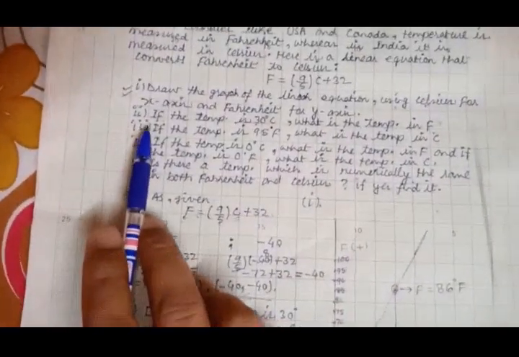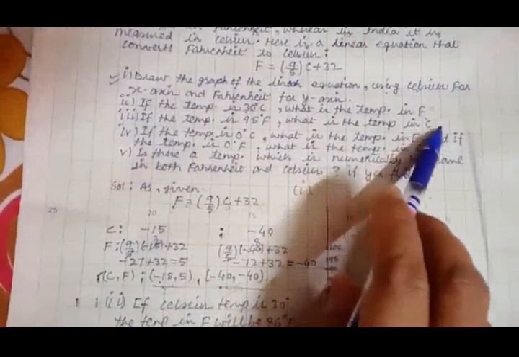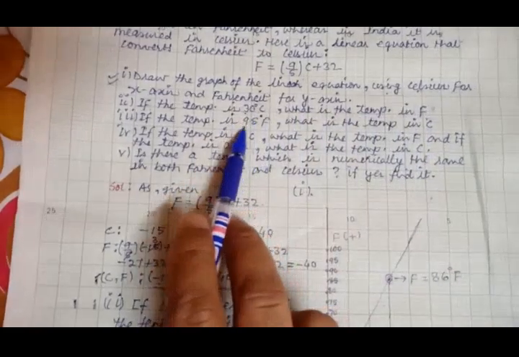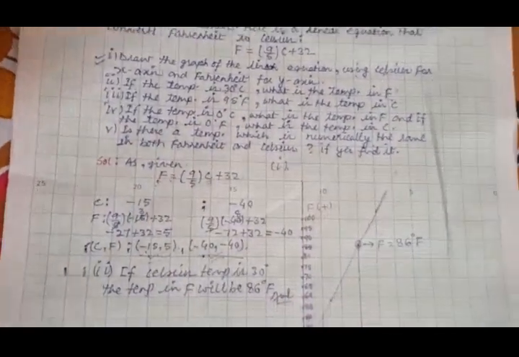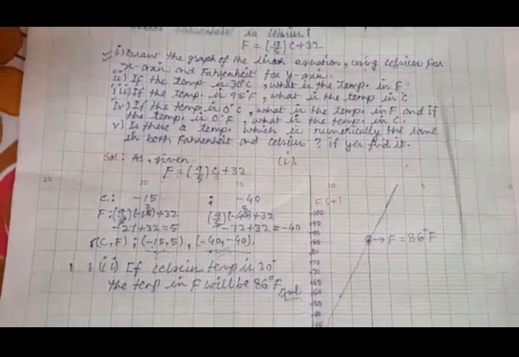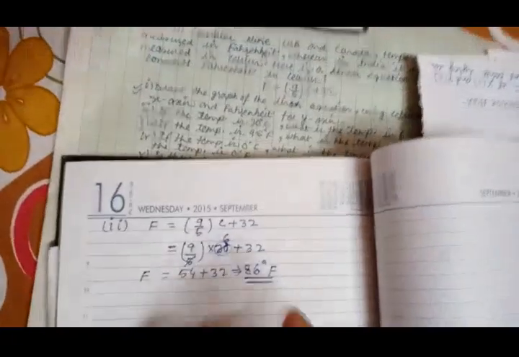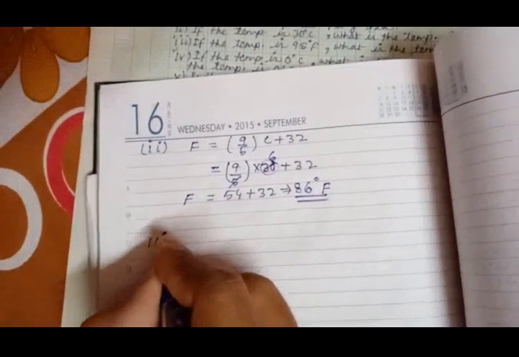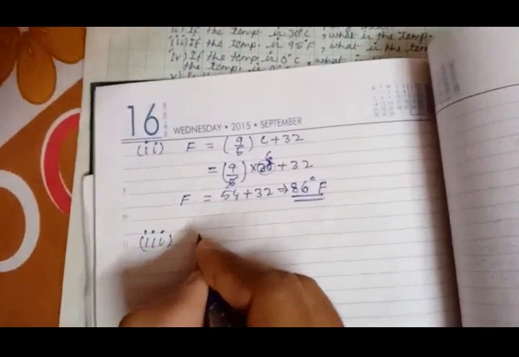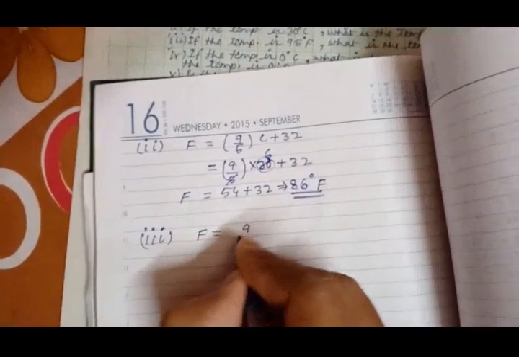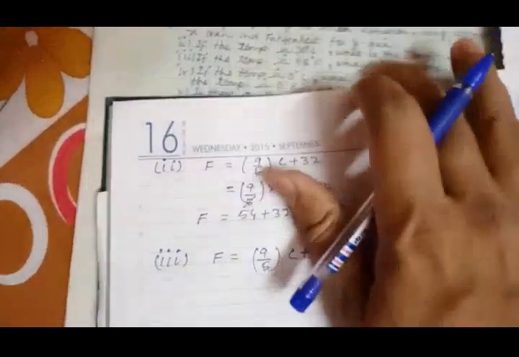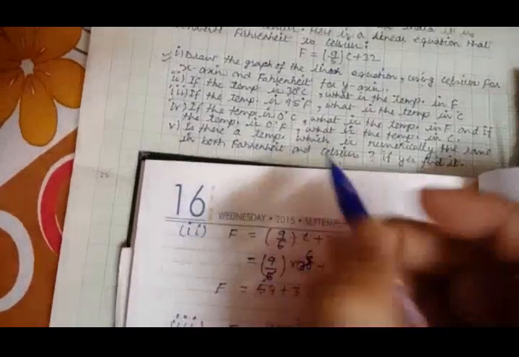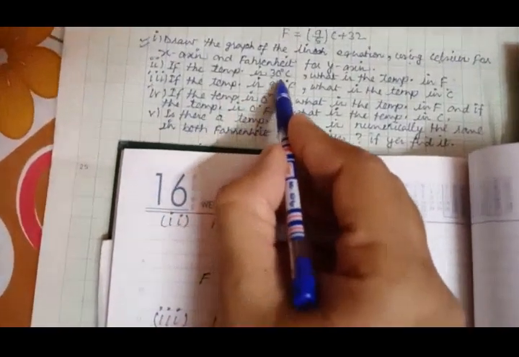Let's start with the third one, where we have to find the temperature in Celsius if the temperature in Fahrenheit is 95. Before observing it on the graph, let's find it algebraically. Using the relation Fahrenheit equals 9 upon 5 times Celsius plus 32, this time we are given that the temperature in Fahrenheit is 95.